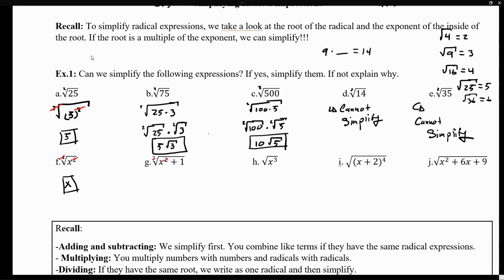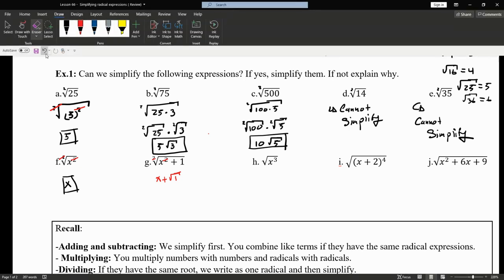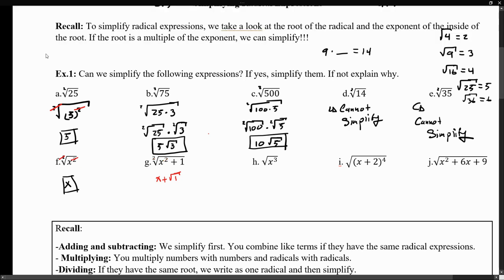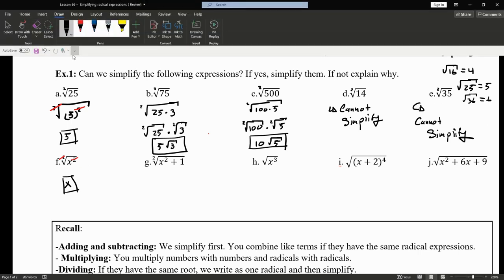So now my answer is just going to be x plus the square root of 1, because this 2 cancels out, so it just goes out, and now I'm just taking the square root of 1. But notice that that's not okay. The root either cancels with the exponent of the whole expression or nothing. We cannot just choose one of those terms.